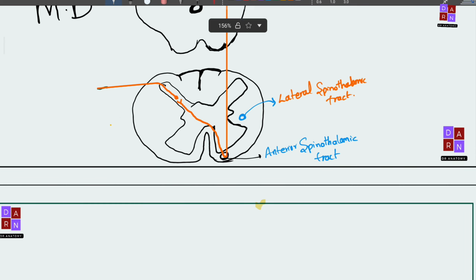In the lateral spinothalamic tract, the same way, it enters into the posterior horn of the gray matter of the spinal cord.